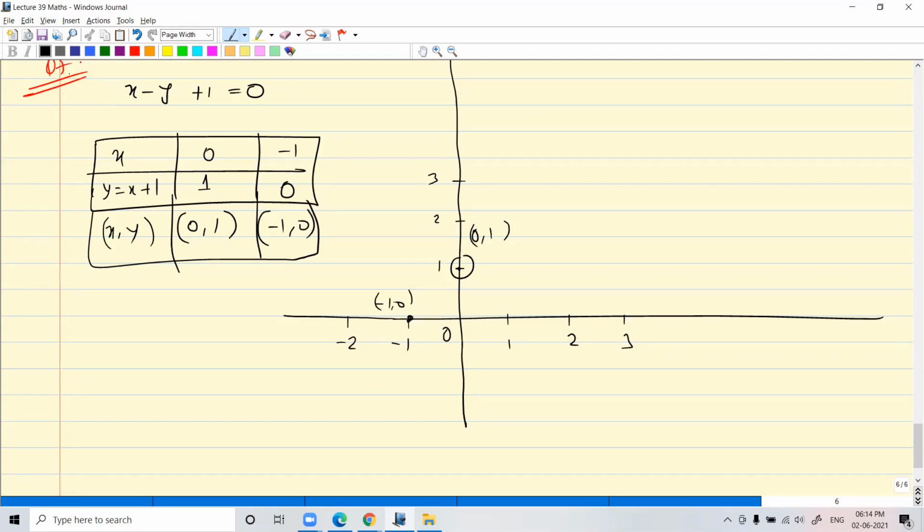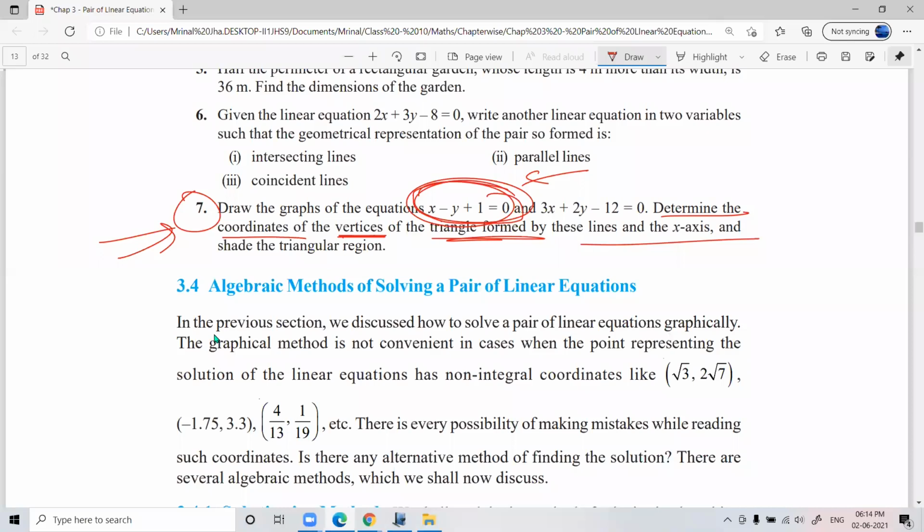So when you join these two points, what will happen? It will be something like this.